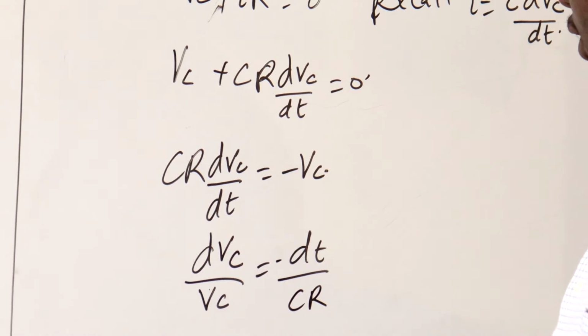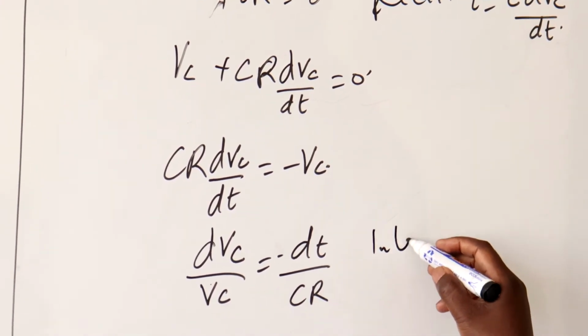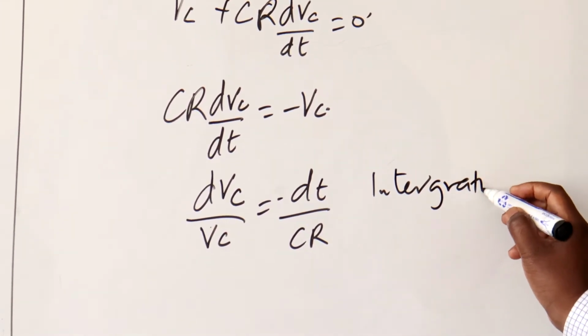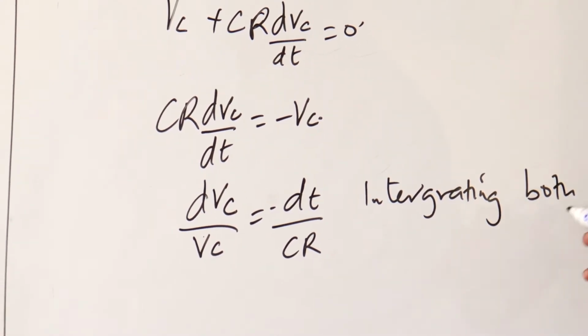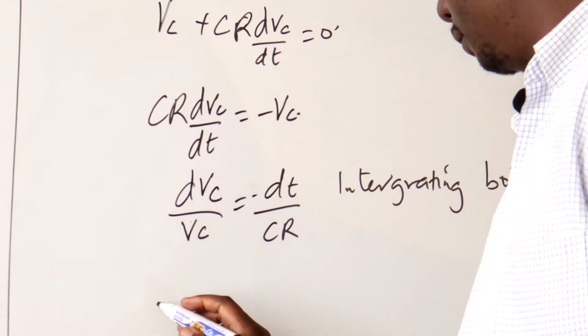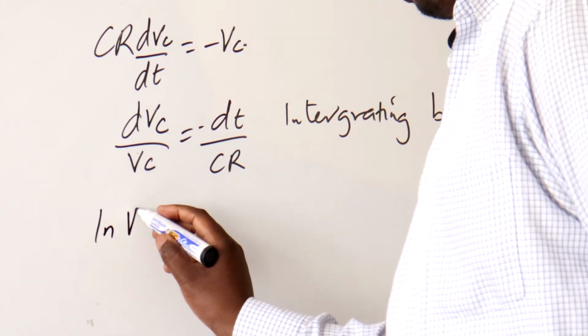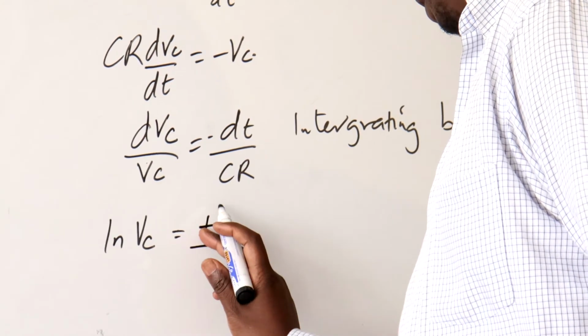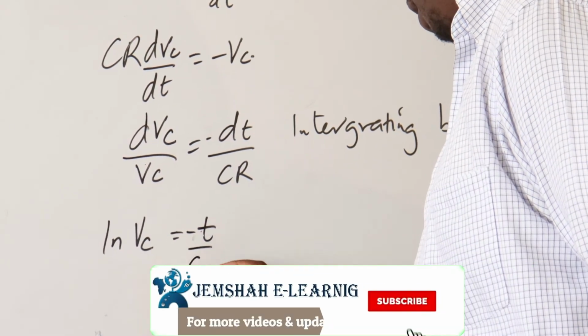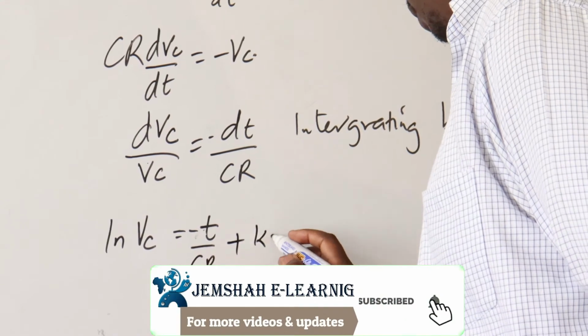So integrating both sides, we shall have ln of VC is minus t over CR plus a constant.